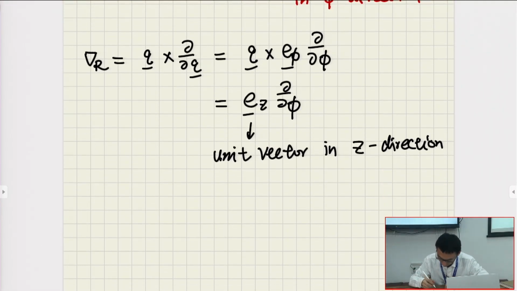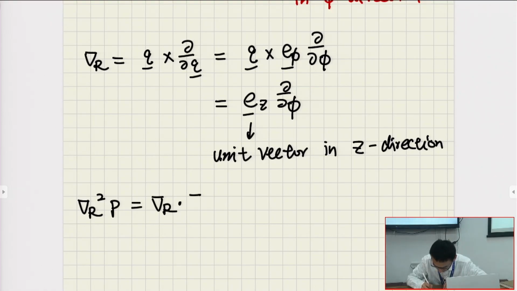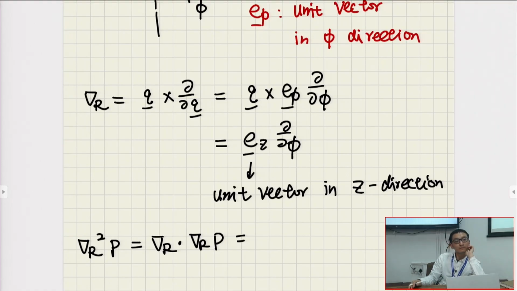If we think about an orientational Laplacian, we can write that as grad r dotted with grad r. So what's that going to be? It's very interesting: when something is rotating, the gradient comes out of the plane.